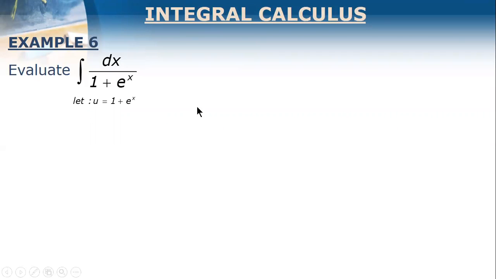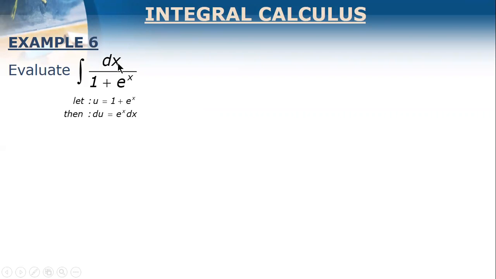So let u equal 1 plus e raised to x. And then differentiate: du equals e to the x dx. So your problem now is where to find this e to the x, because the numerator only contains dx. We don't have e raised to x.